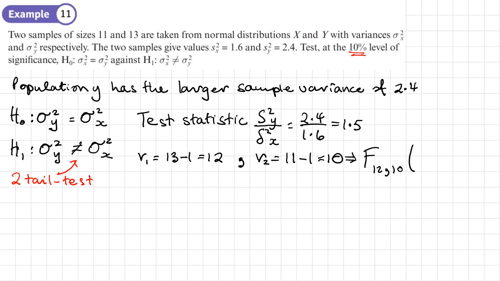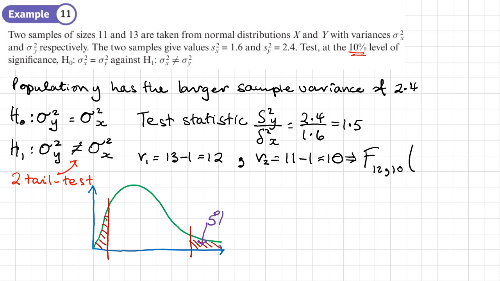Before I do that, I'd just like to do a little sketch so I can see what I'm looking at. So here's my F distribution here. I'm going to be finding these critical values here, where the areas in the tails are 5%. So 5% here and 5% here.